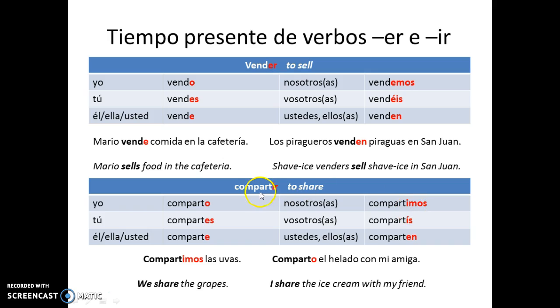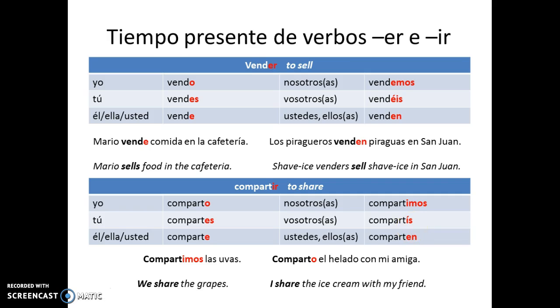An I ending, I ending. This is the only place where this change happens. Otherwise, these conjugations are very similar. You have the o, the es, the e, and the en the same. These are the only two that are different: emos and éis for ER verbs, imos and ís for IR verbs.